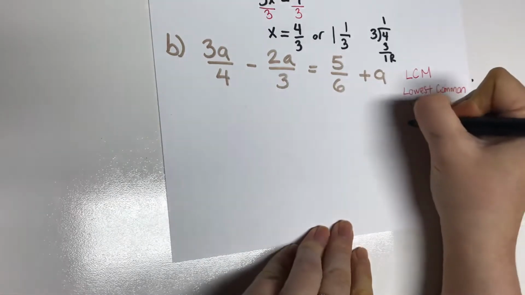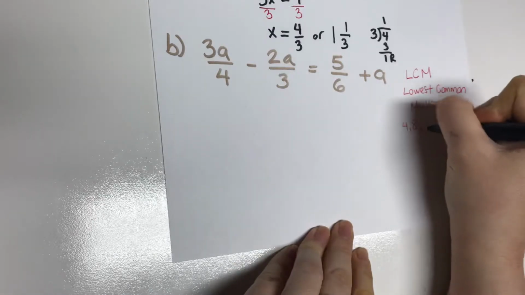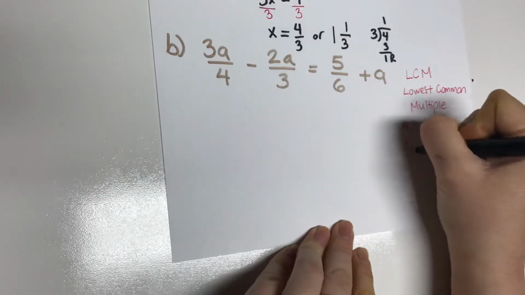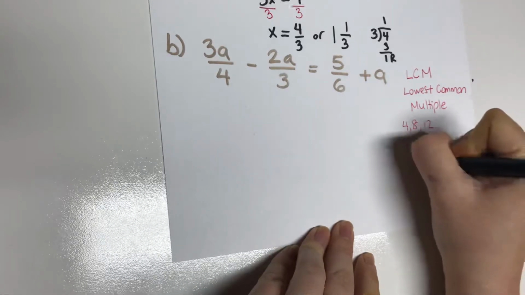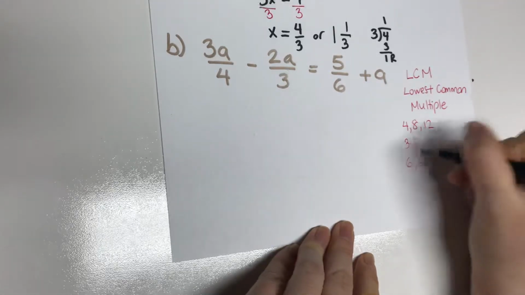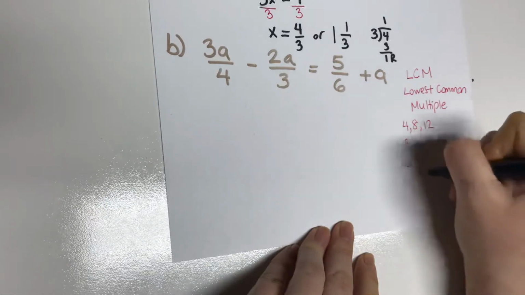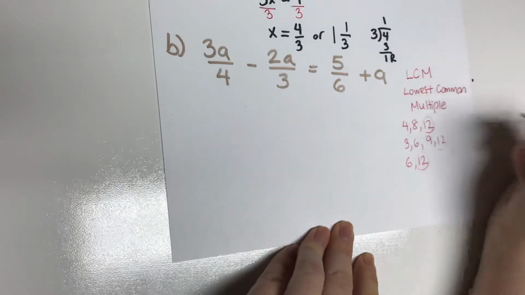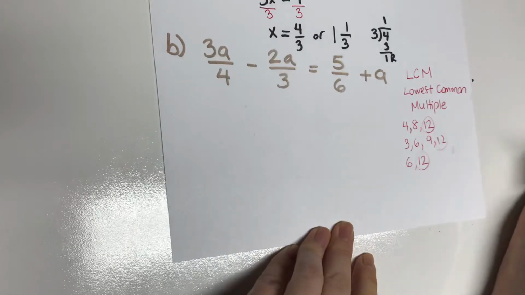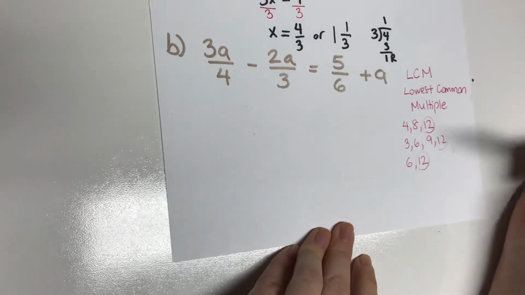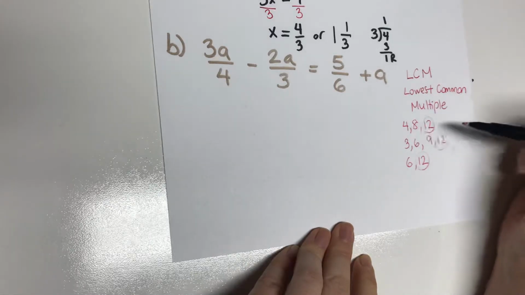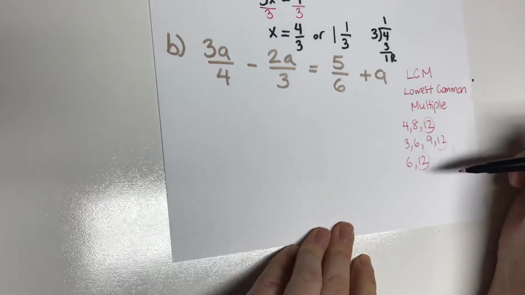So if I list the multiples of 4, the multiples of 3, and the multiples of 6, I'll notice that the number that they all go into is 12. So 12 is my lowest common multiple. This is not the same as the greatest common factor. This is the lowest common multiple, which is 12.